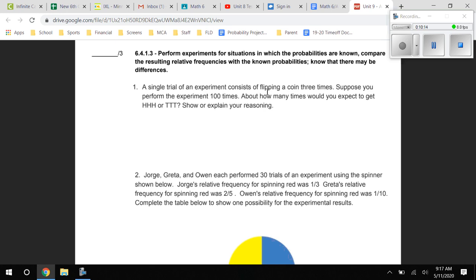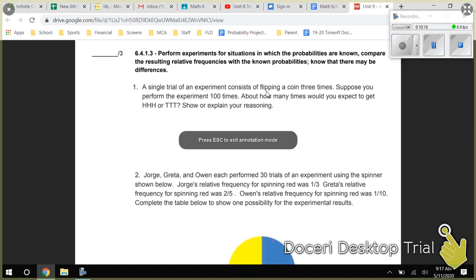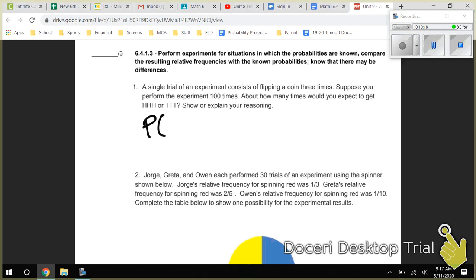All right, so the probability of getting heads when you flip a coin, so the probability of a heads is a half. So you would have a half times a half times a half. So the probability of getting the first heads is a half, second heads is a half, and third heads is a half.